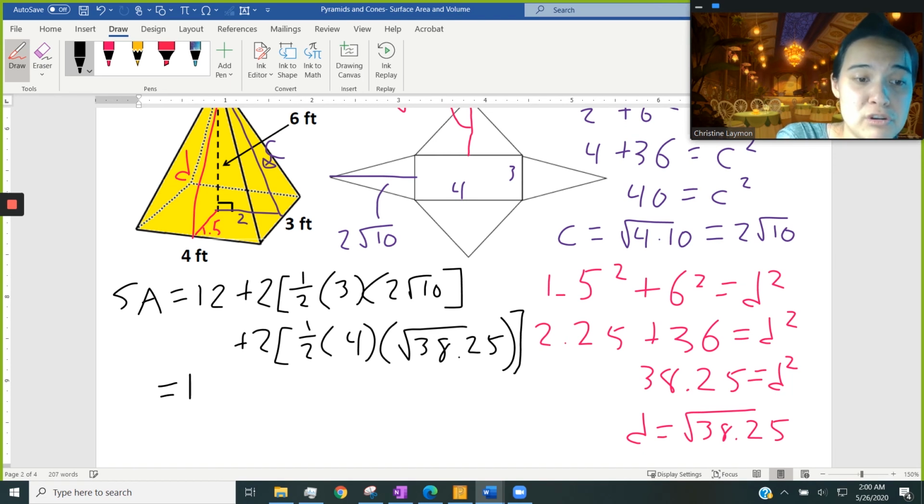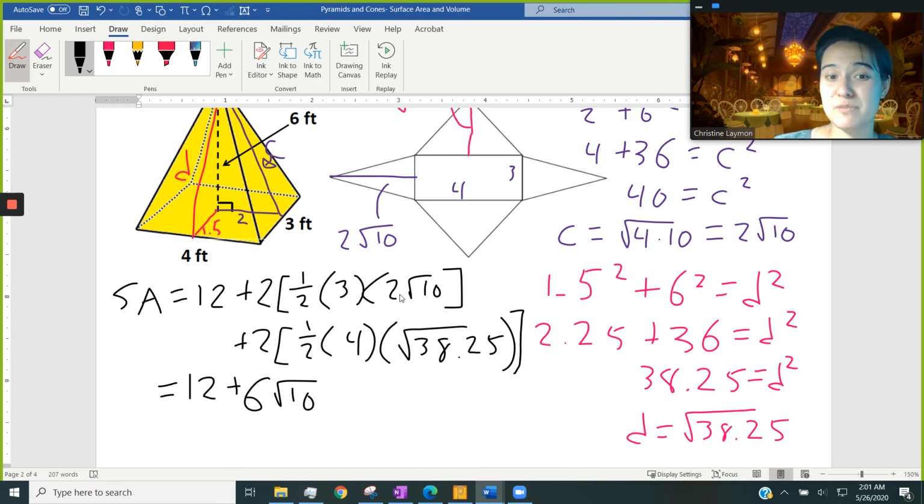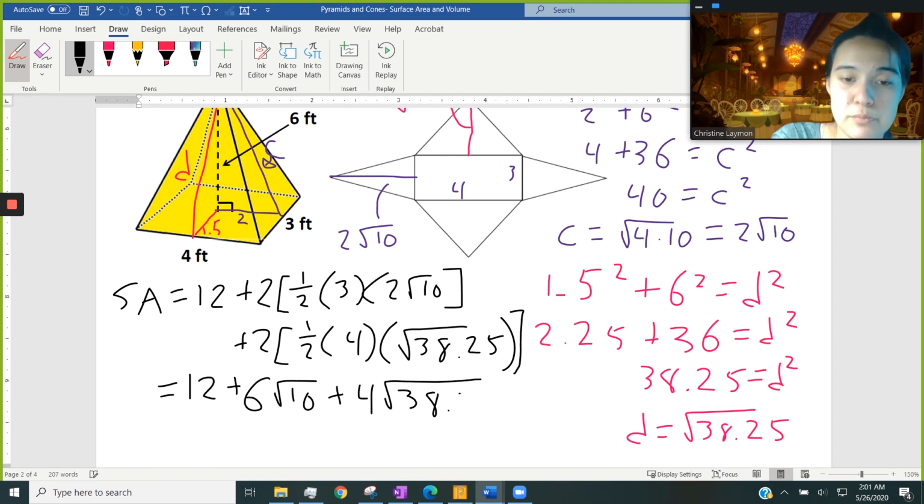So I do want you to know that I have 12 plus 6 root 10. Again, the 2 and the half cancel. 3 times 2 is 6, so 6 root 10. Plus 2 and a half cancel. So I'm going to have 4 square root of 38.25. And again, we're just going to put this in the calculator because I don't want to solve this part out by hand anyway.